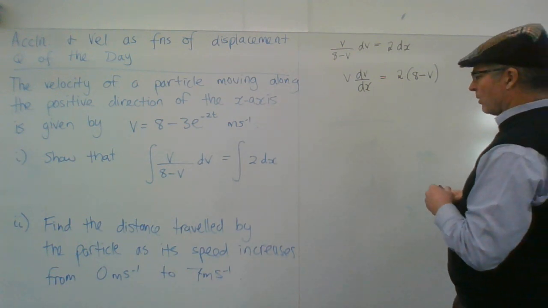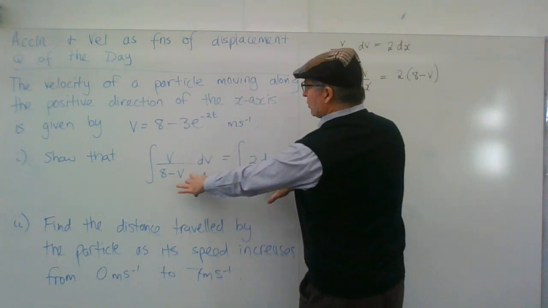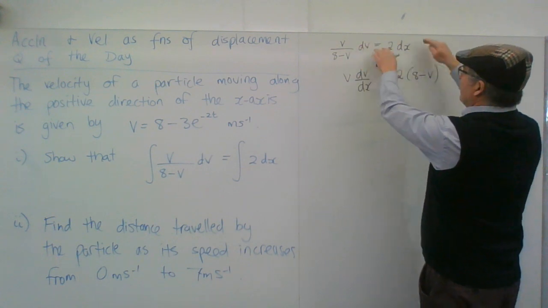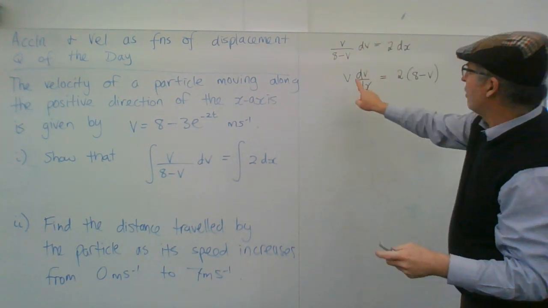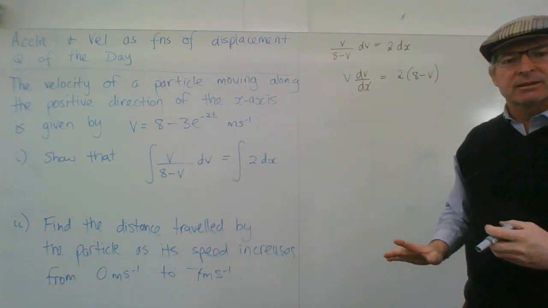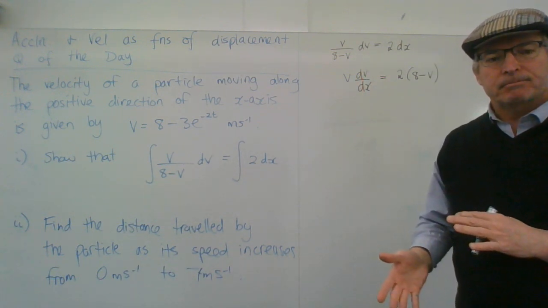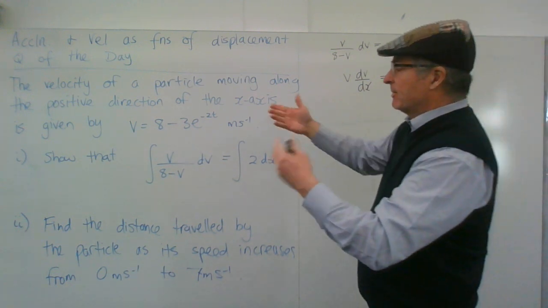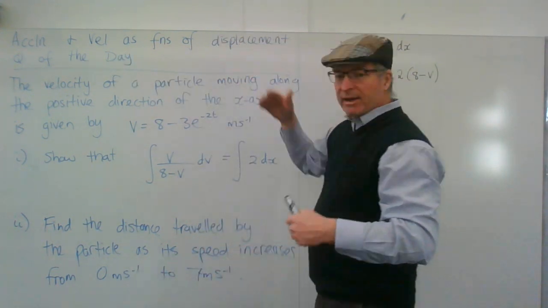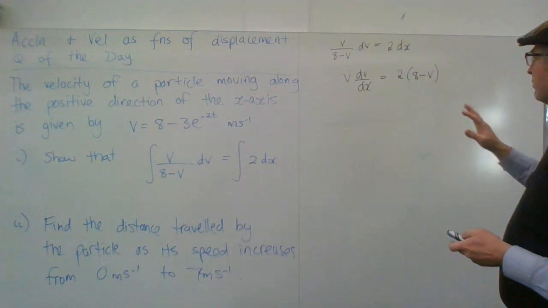All right, so if this is true, then this is the case, and if this is the case, then this is the case. And the reason I did that is I've got v dv dx. v dv dx is one version of our acceleration, and we've got acceleration and velocity as functions of displacement. So that's a really good thing there.